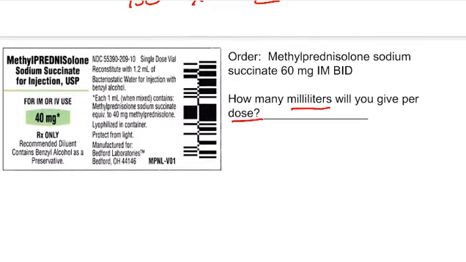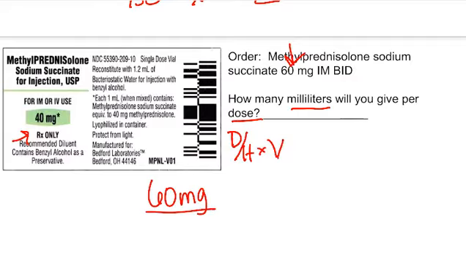Milliliters per dose. What am I going to need to know to answer this? I need to know my doctor's order. I need to know my drug label concentration. This is going to be a D over H times V calculation. My D, my doctor's order, is 60 milligrams. What do I have? Boy, let's go ahead and look. I know there's 40 milligrams in here, but there's a little star. That means I'm going to have to read a little bit.